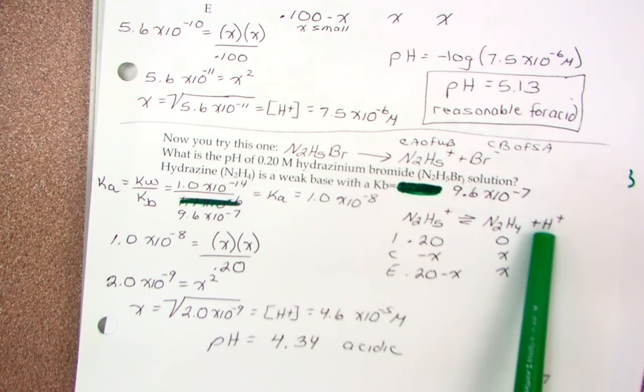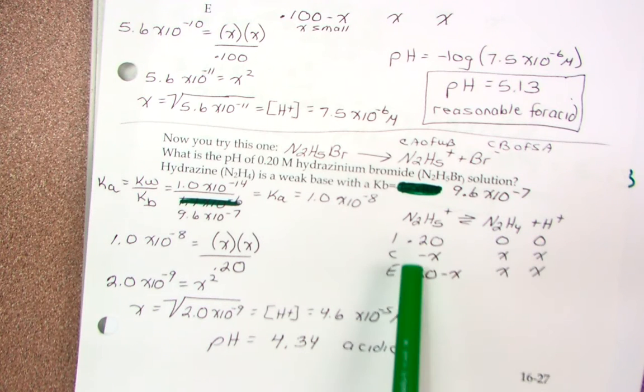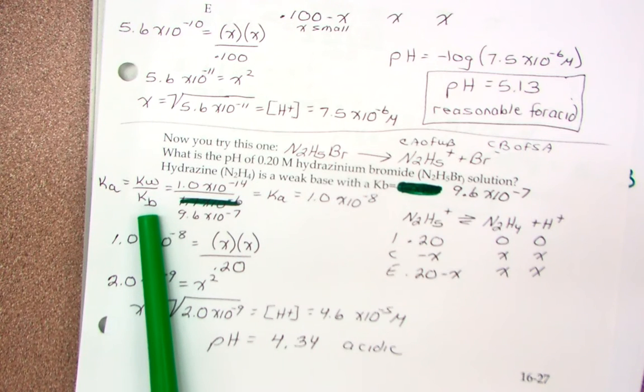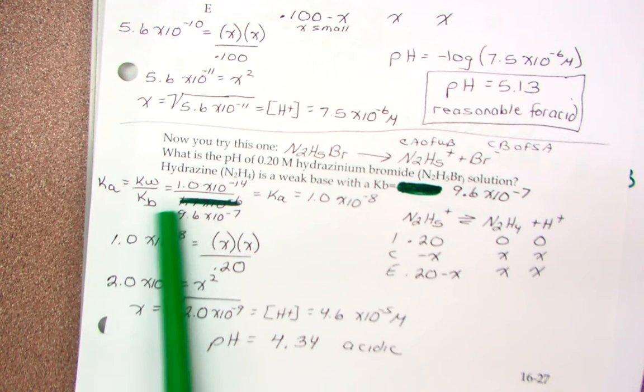Once we have this set up, it's same old, same old. We have 0.2 molar, 0 and 0. Minus x, x, x, 0.2 minus x, x and x. This is an acid equilibrium, so we need a Ka. Since we don't have a chart for Kas for conjugates, we have to use the Kb chart, find the Kb for hydrazine, and find Ka from Kw.